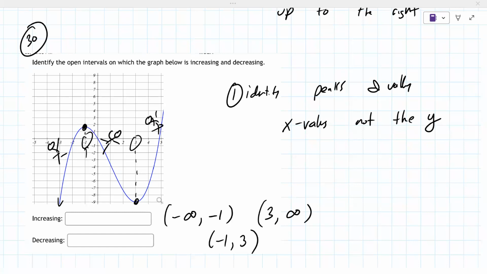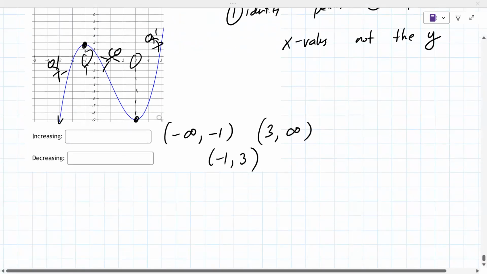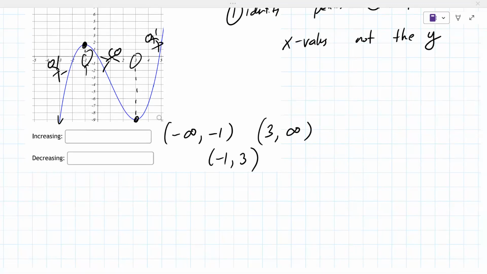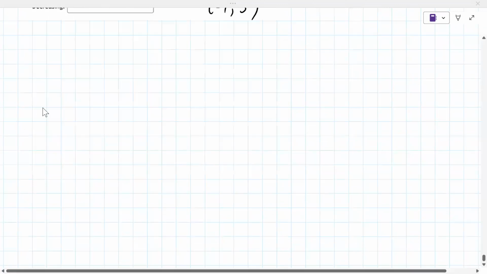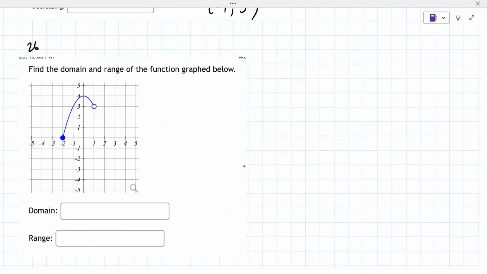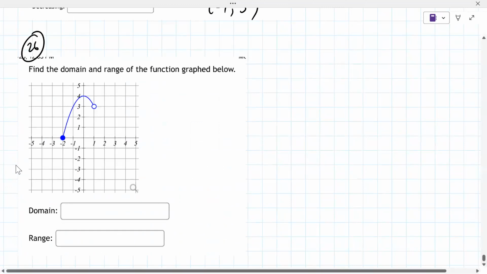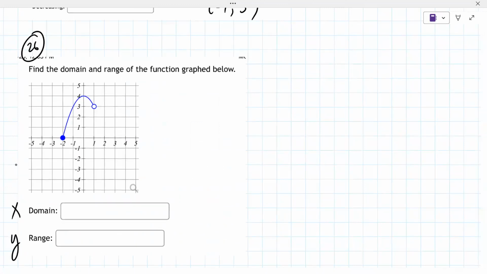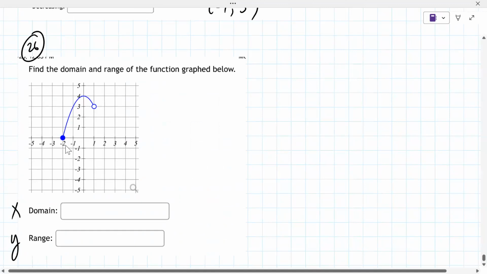So we're going back to 26. Domain is the x values, range is the y values. What is the leftmost x value? -2.